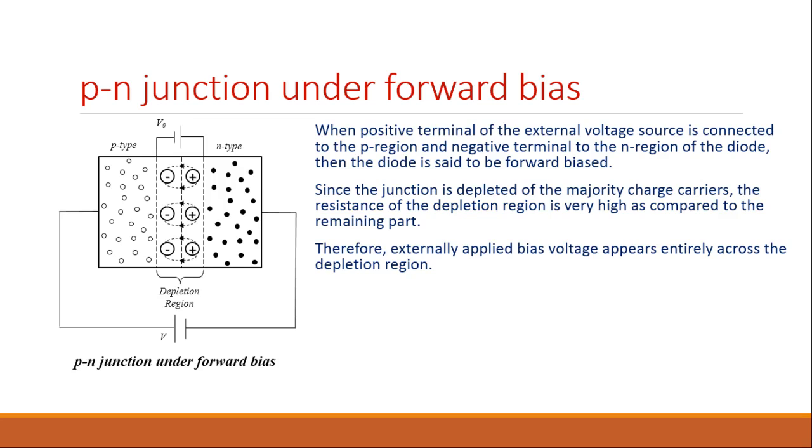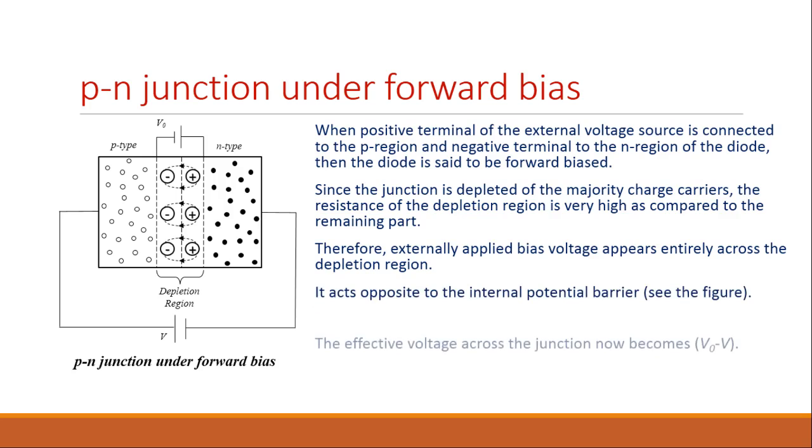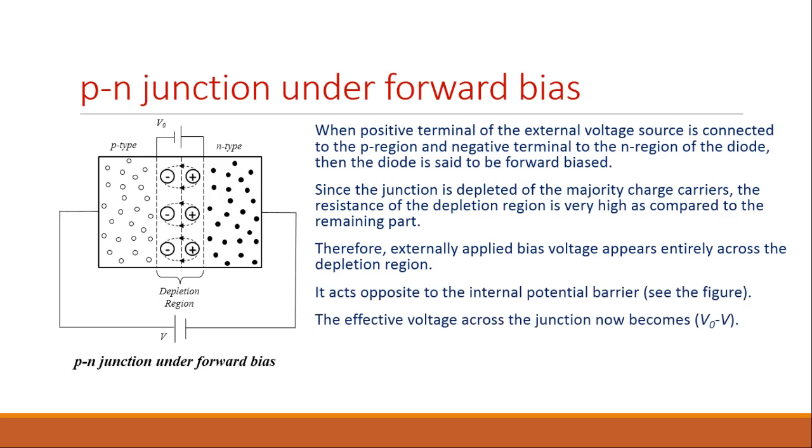It acts opposite to the internal potential barrier V0 and reduces the effective voltage across the junction to V0 minus V. It means that a decrease in the electric field acts across the depletion layer.